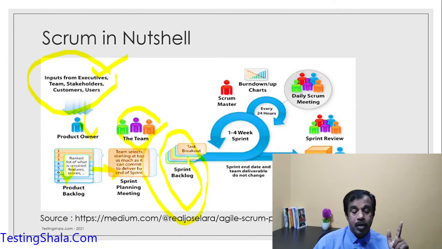So in the sprint cycle, what happens? As I said, this is a mini cycle where we do requirements, design, coding and testing, then we have a sprint demo or retrospective meeting.